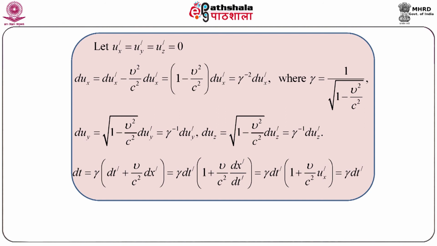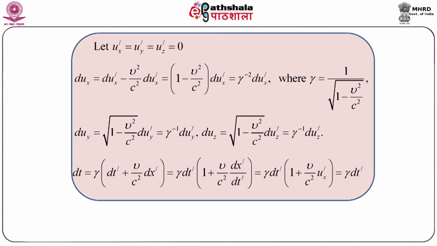This can be combined like this one. This gives gamma to the power minus 2, since gamma has the form like this. So, d u suffix x becomes gamma to the power minus 2 into d u dash suffix x.